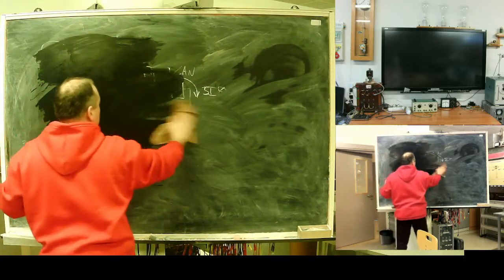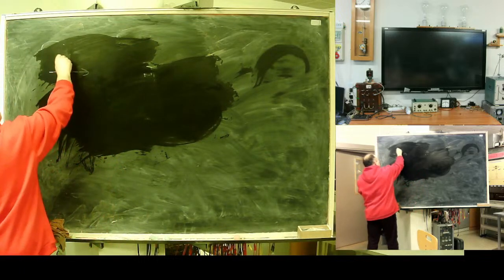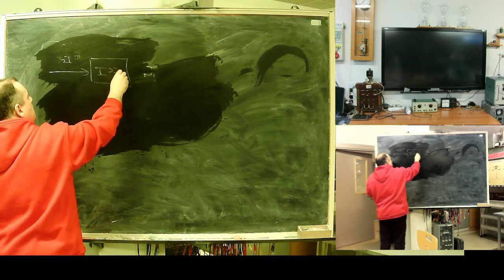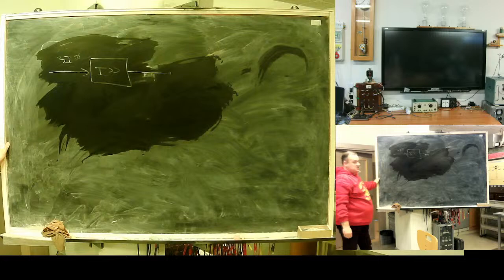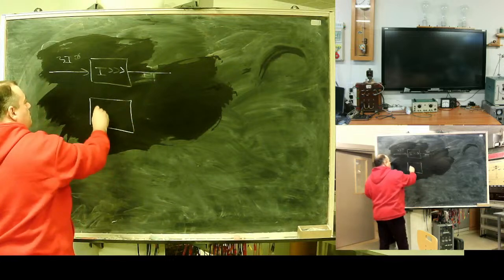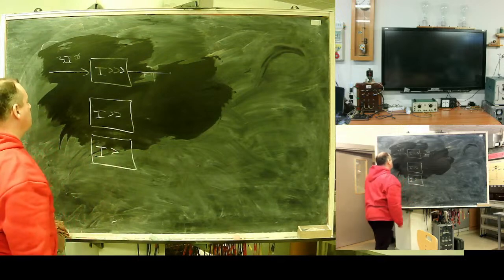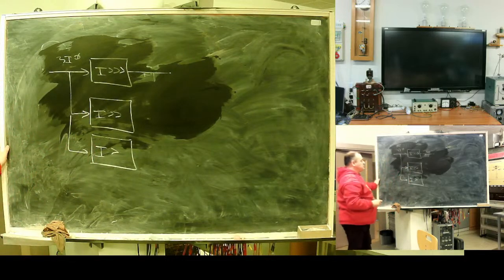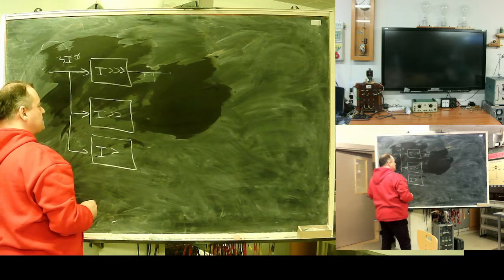And now logic of protection. Triple I0. Instant zone. This is instant. Okay, two. I can draw two delayed zones. Or receive zero sequence current. Fine. Next.